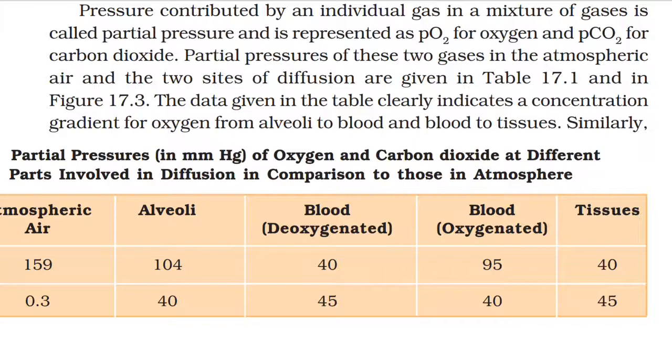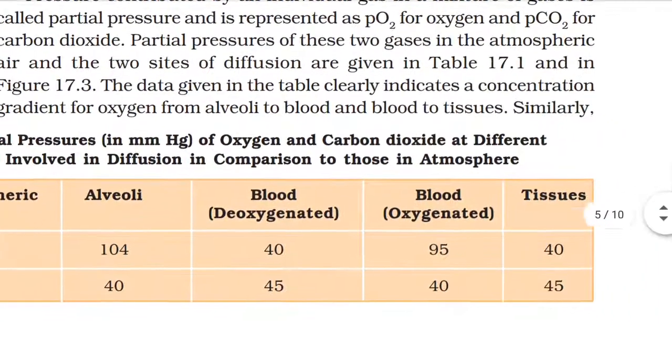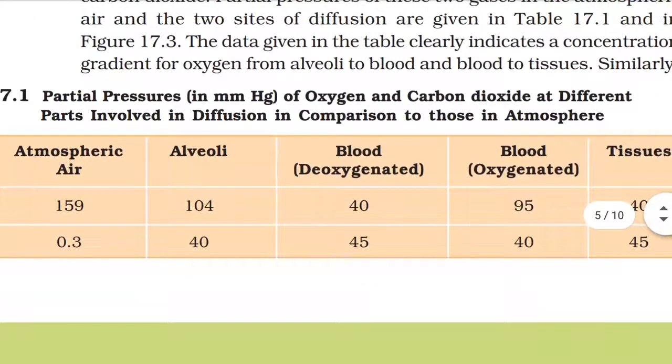The data in the table clearly indicates a concentration gradient for oxygen. Let's see the partial pressures in mm of Hg of oxygen and carbon dioxide at different parts involved in diffusion in comparison to those in the atmosphere.